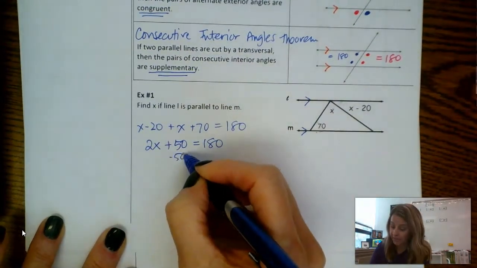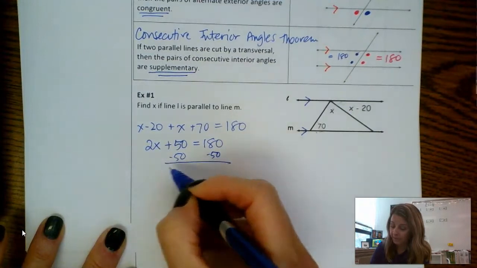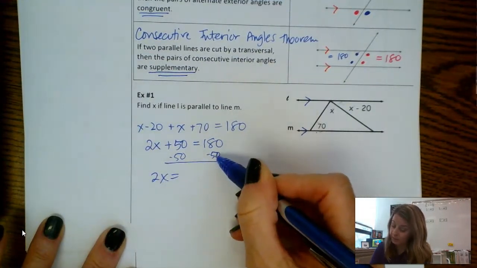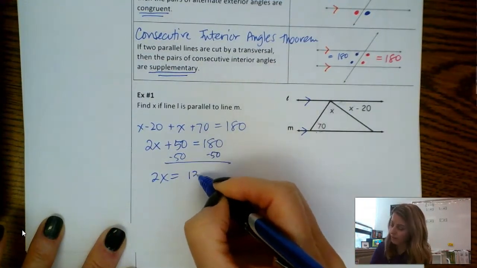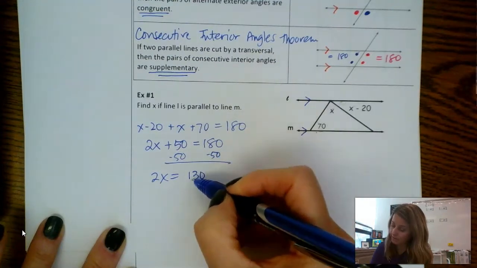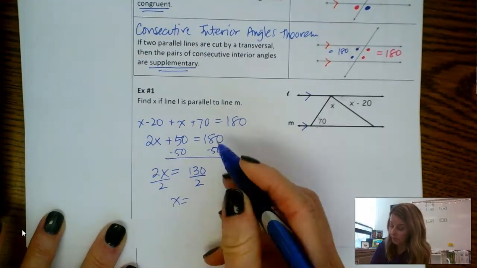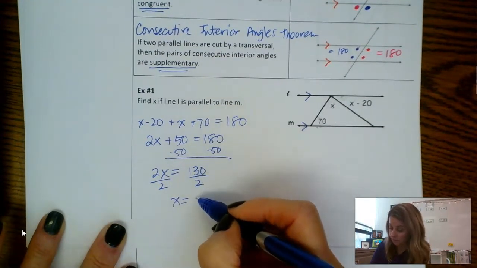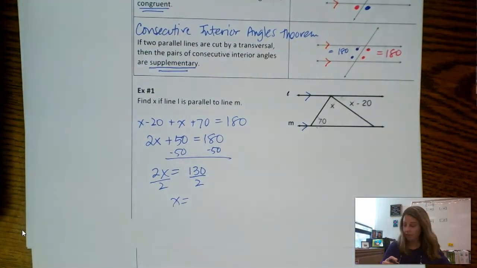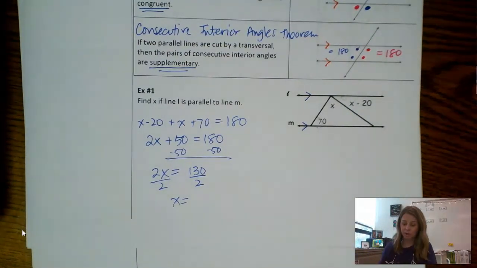Take away 50. So that is 130, I believe, right? 5, 6, 7, 8, yep. Divide by 2, 65, I think. Let's just double check. 130 divided by 2. Yeah, 65. All right.